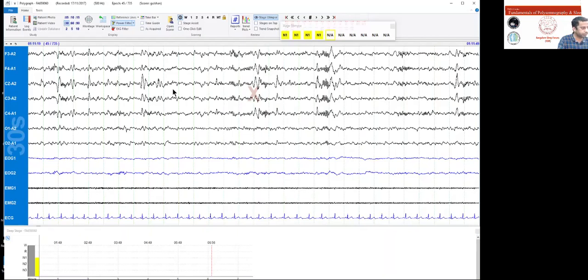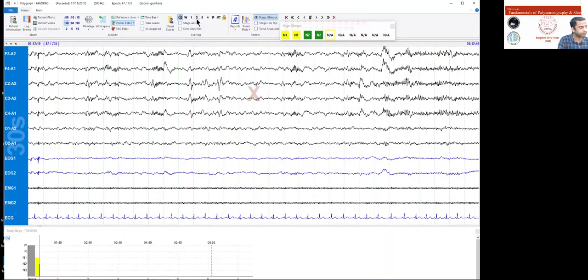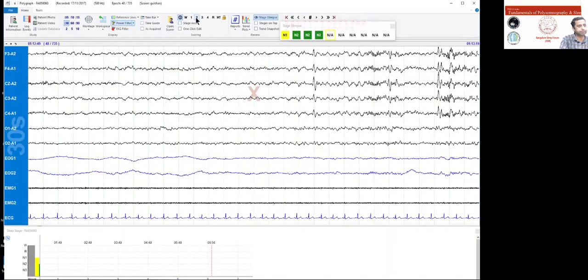Okay, we'll go to the next. In this epoch, spindles are there, K complex is there, so this is N2. Check the program at the same time to see how the scoring representation is going.